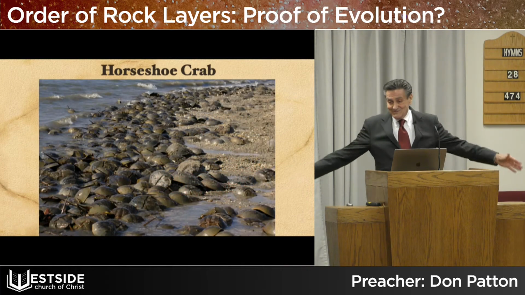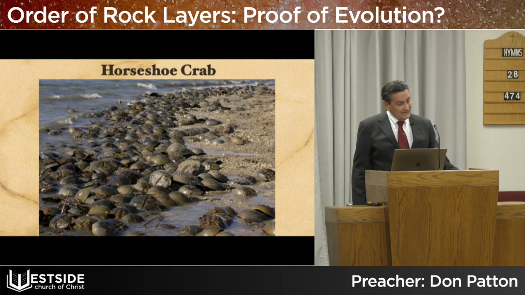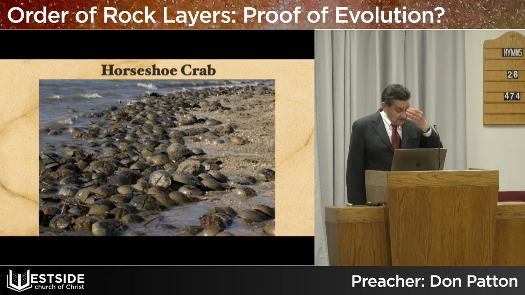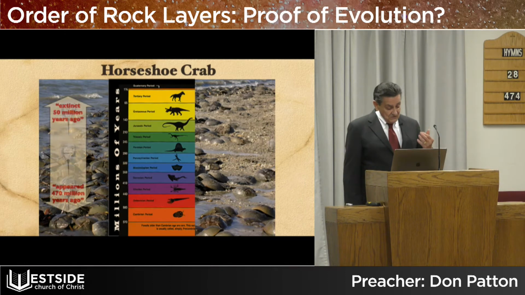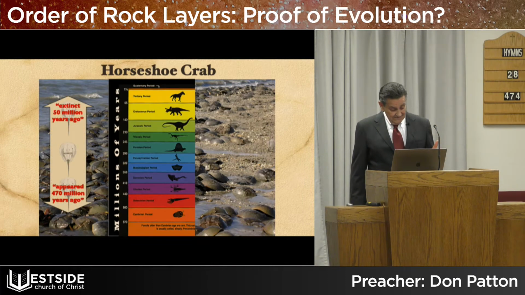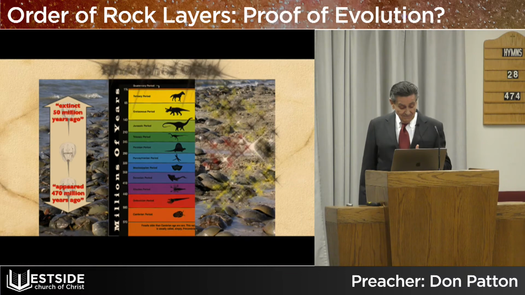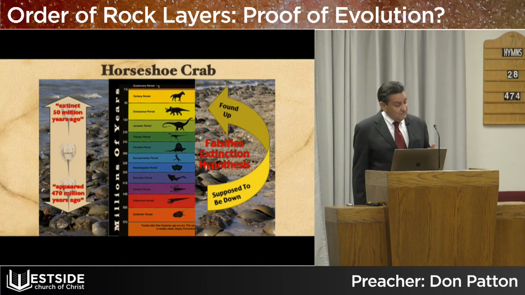We've got them living everywhere, which is an even bigger problem. They're supposed to have gone extinct 50 million years ago, but they're alive. So here is that which is supposed to be at the bottom, up at the top. That's a topsy-turvy fossil, which falsifies the extinction process.